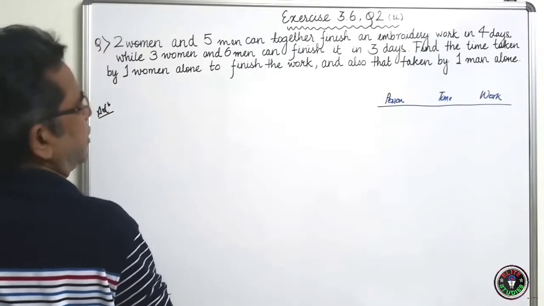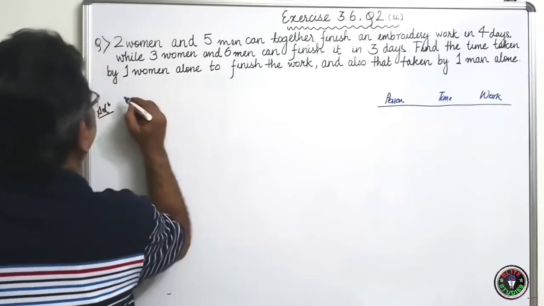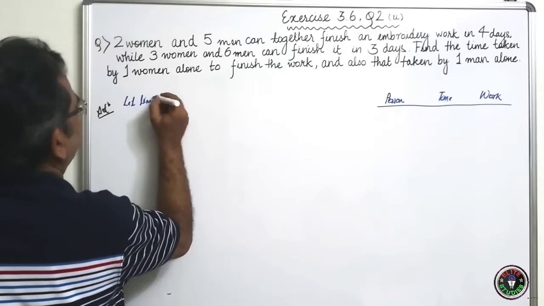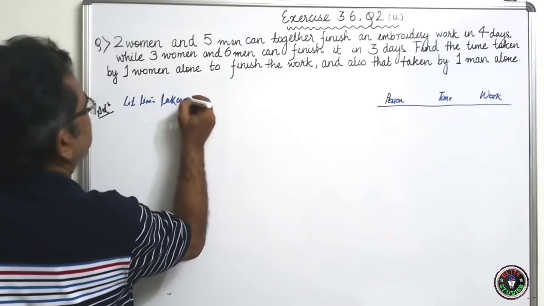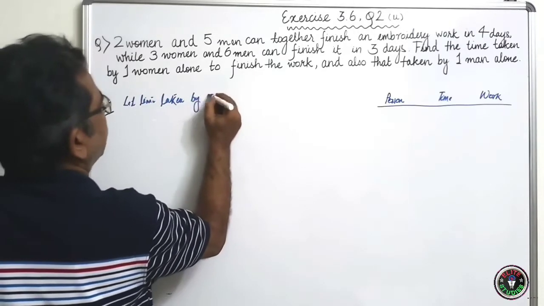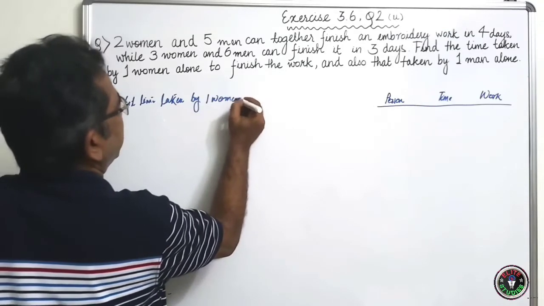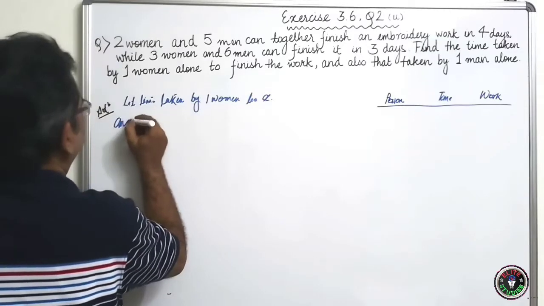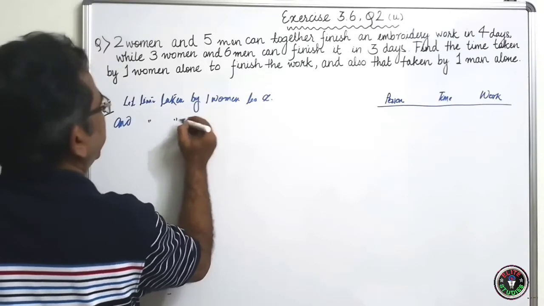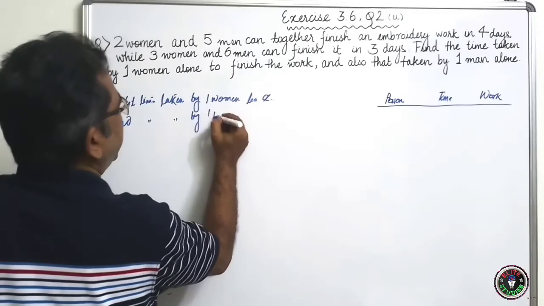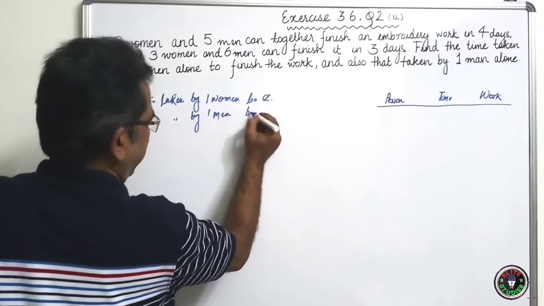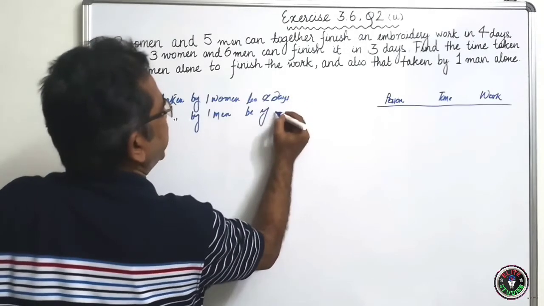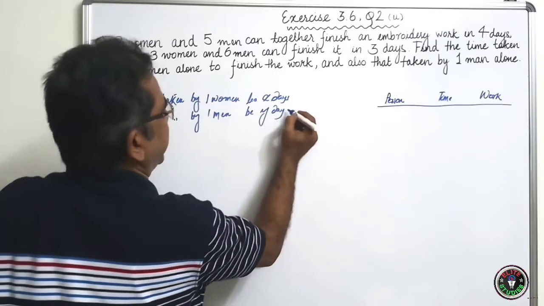Let the time taken by one woman be X days and the time taken by one man be Y days. X days and Y days.